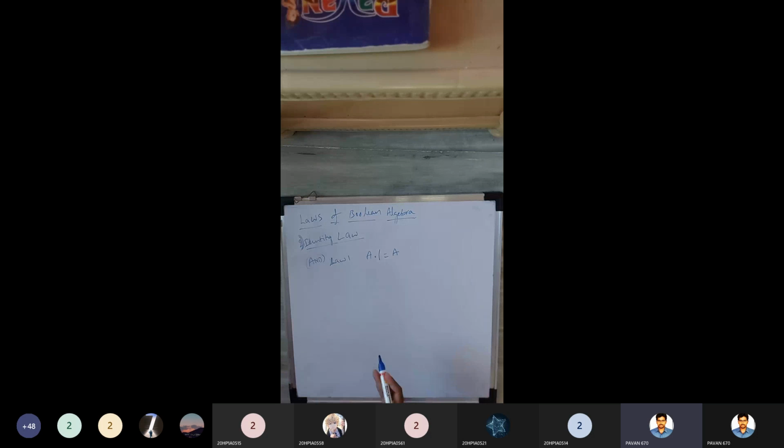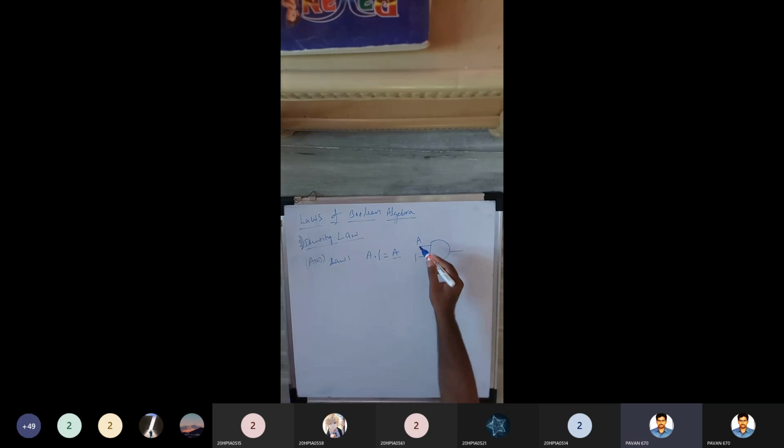This law states that any variable ANDed with 1 is equal to the variable itself. That is the statement. With respect to this, you can draw the AND gate diagram. For one input you have given A, for another input you have given 1.